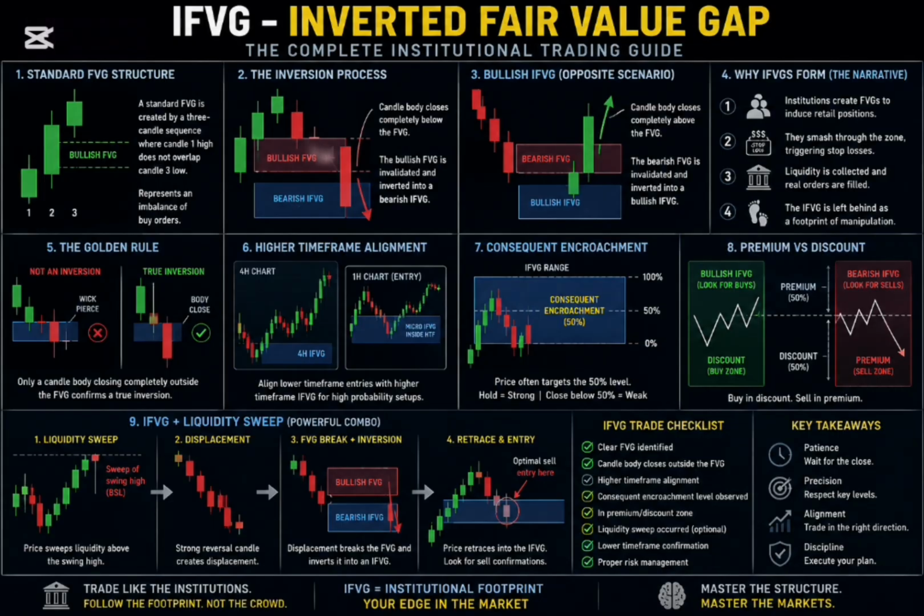An inverse fair value gap becomes 10 times more powerful when it forms directly after a liquidity sweep occurs. Look for price to aggressively take out a major old swing high or an old swing low first.